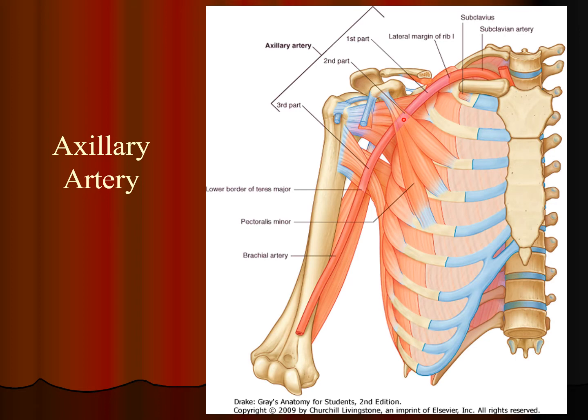That part of the artery which passes below the pectoralis minor is the second part, and that part between the lateral or inferior border of the pectoralis minor till the teres major is the third part of axillary artery. First part before the muscle, second part below the muscle, and third part after the muscle. These are the three parts of axillary artery.